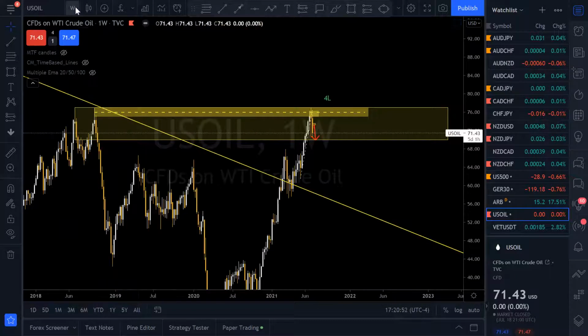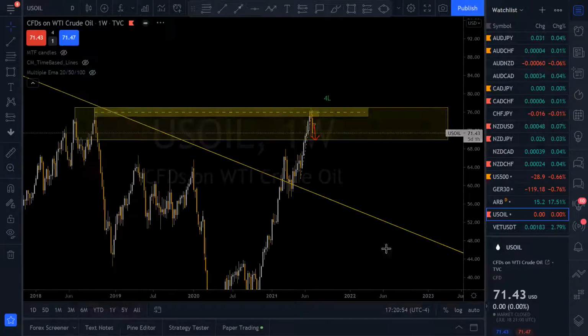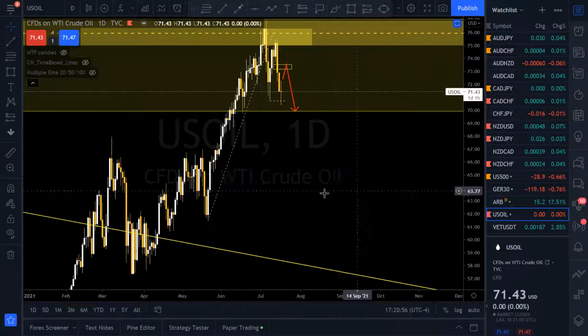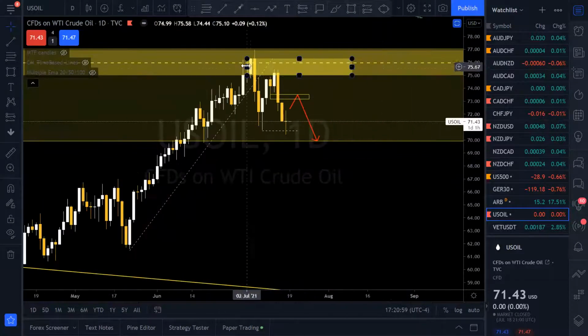And if we go down to the daily, where things are a little bit more relevant, we can see bearish order blocks being respected. We made this order block, came back up for the retest, and we are seeing the descent from there.